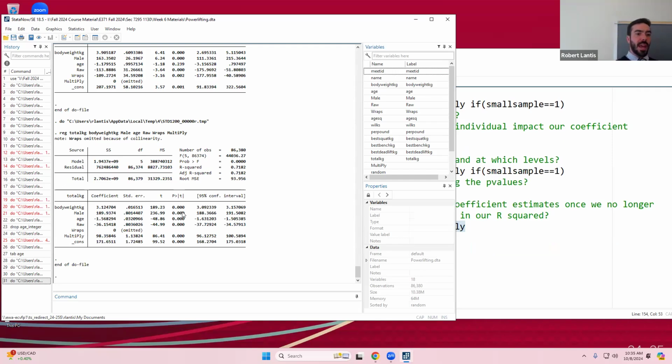All these p-values, even the age one, go to 0, because that sample size is so high, it's driving my standard errors lower, test statistic higher, p-value smaller. I'm now much more likely to reject these. Sure enough, here I can reject all of them, not only at the 5% level, but really whatever level I want. The p-value is always 0. So having 86,000 observations really amplifies the impact of large sample sizes.